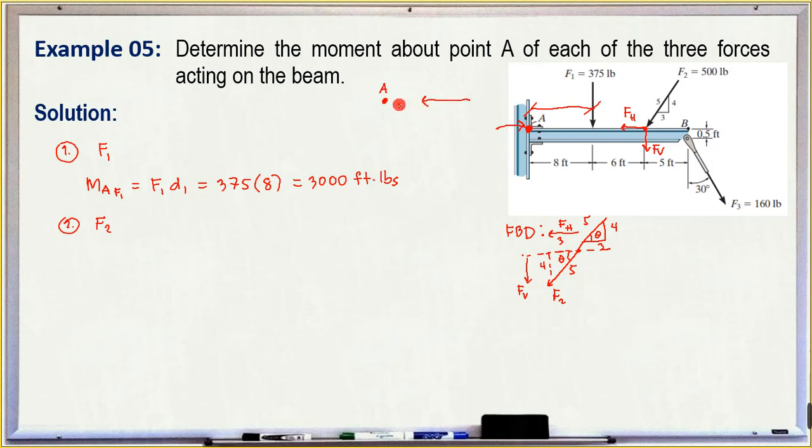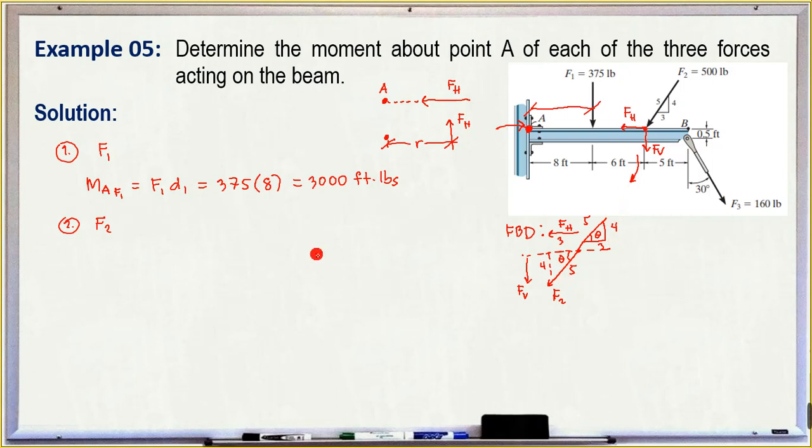Can we draw it here? No, because the line of action of FH is directed toward A, so there is no perpendicular distance. Therefore, FH cannot rotate our horizontal beam with respect to point A. Only FV can cause rotation, and the rotation is clockwise.